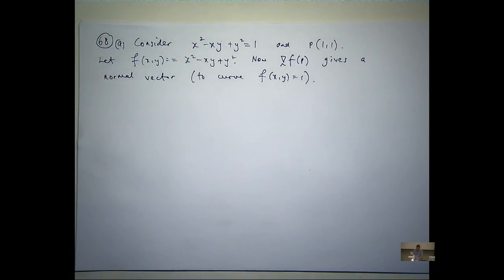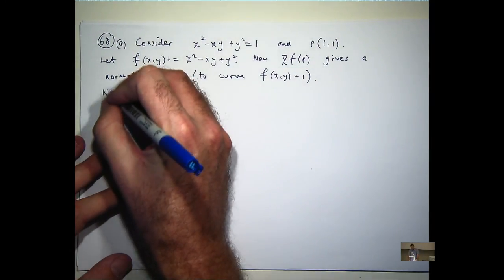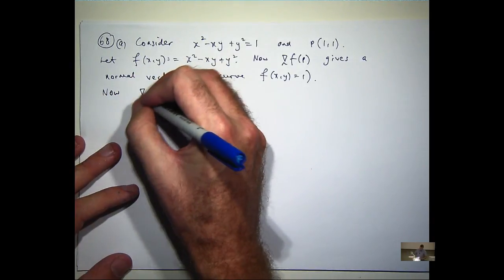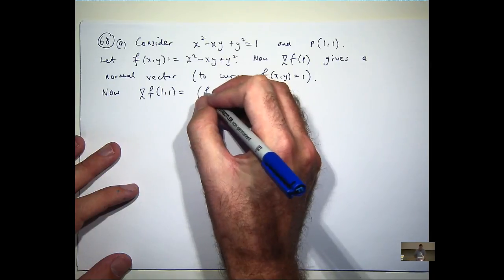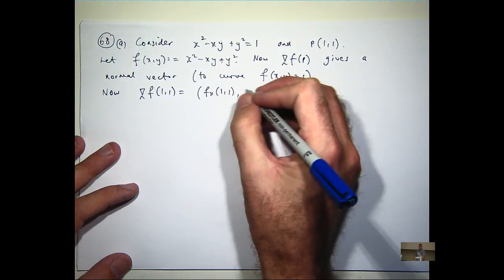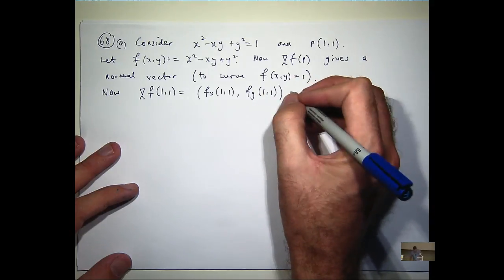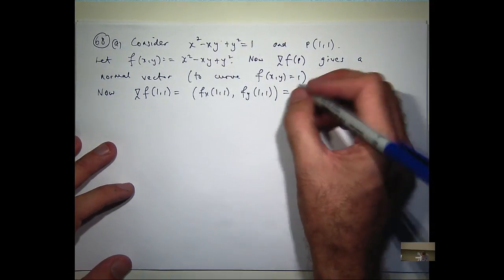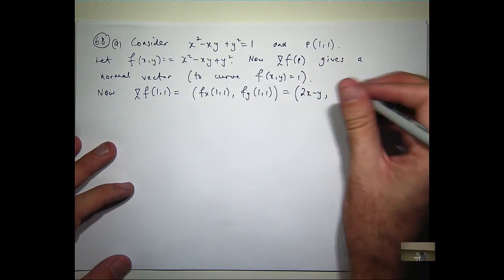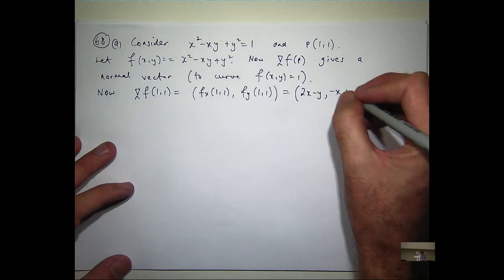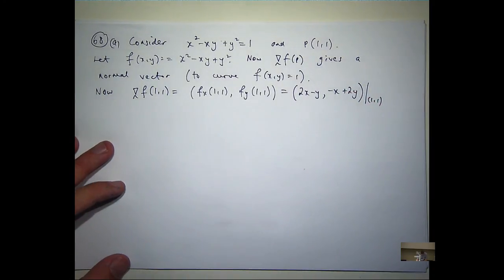So let's go through and calculate it and see what we can do with it. We're going to get something like 2x minus y, minus x plus 2y, and we want to evaluate that at our point P.